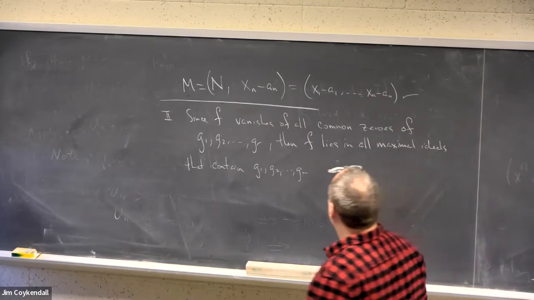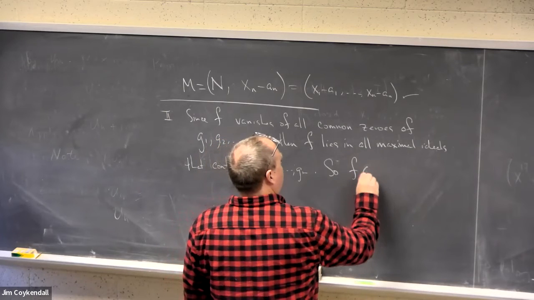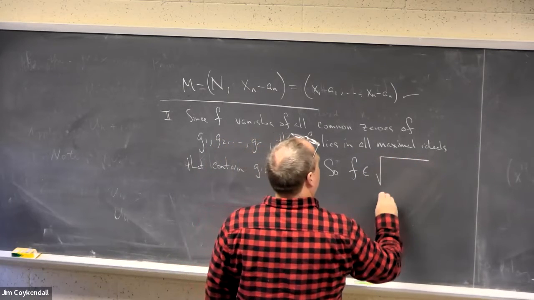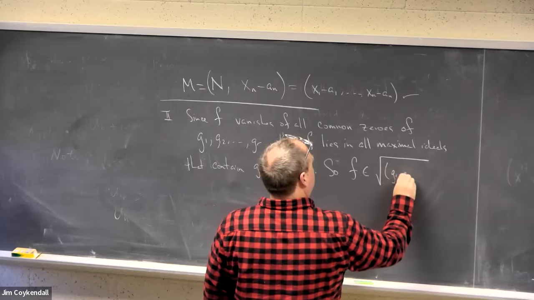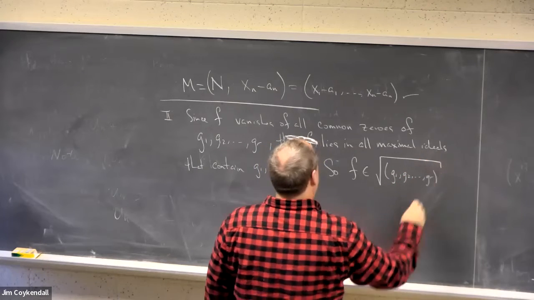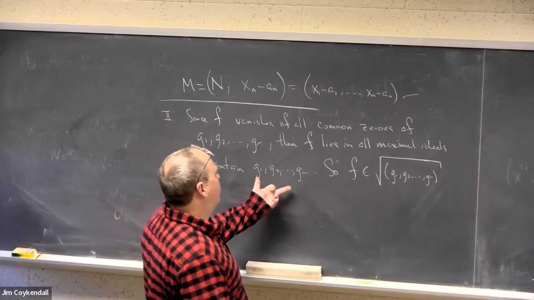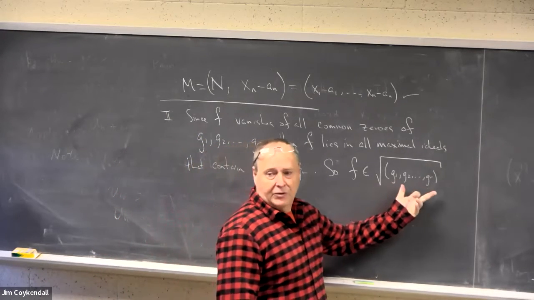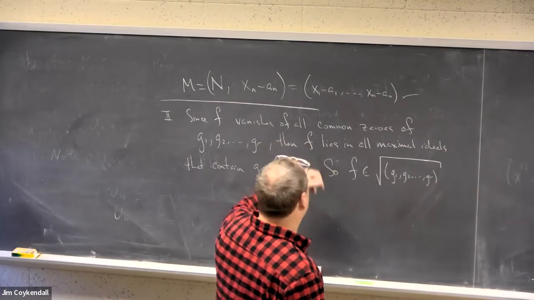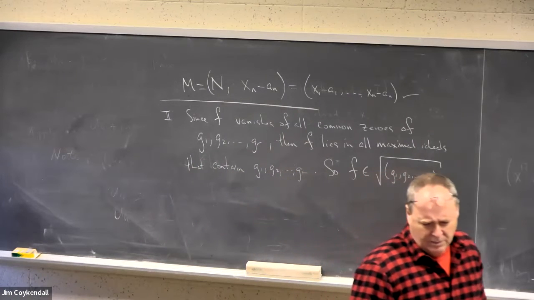So F is in the radical of (G1, G2, ..., GR). And again, it's because it's a Hilbert ring, so the radical of that is basically just all the ideals that contain this, which is all the maximal ideals that contain that. And that's all we need, really.